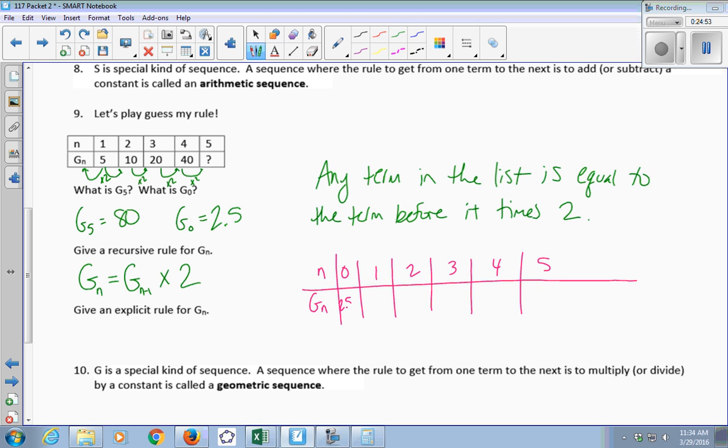So this was 2.5, 5, 10, 20, 30, 40. Oops. There's no 30. 20 times 2 isn't 30. 0, 2.5, 5, 10, 20, 40, 80. Good.